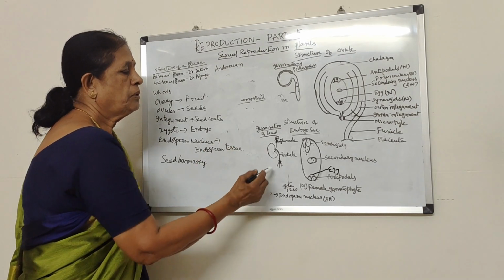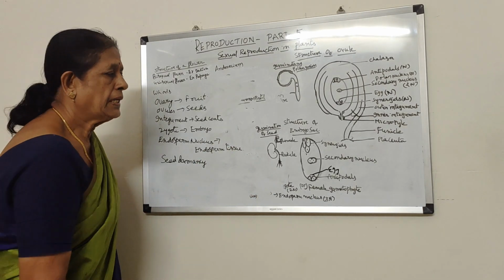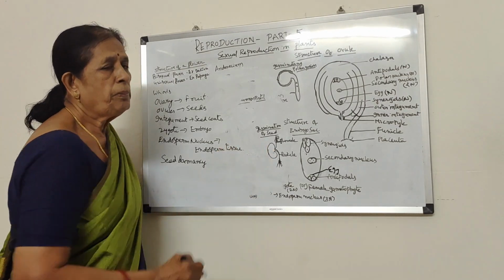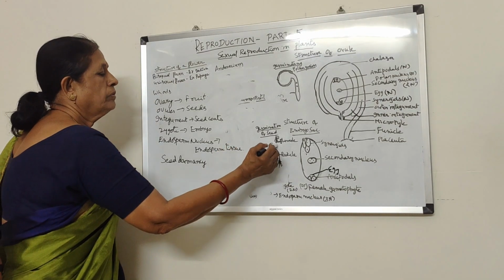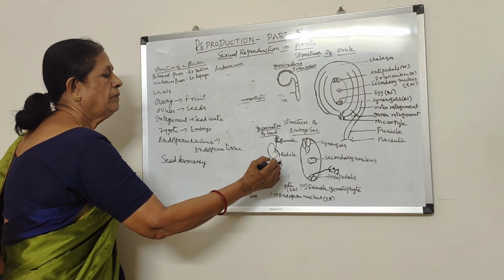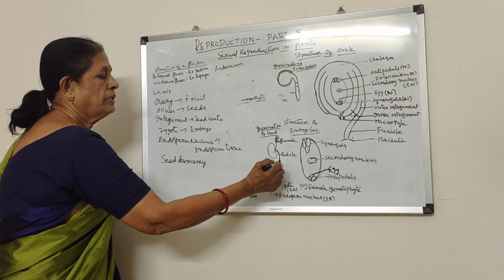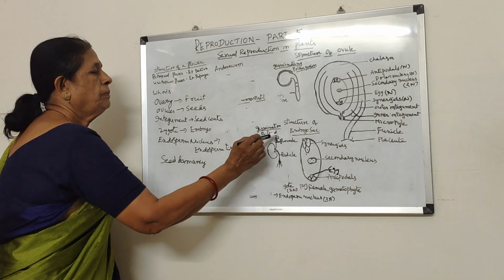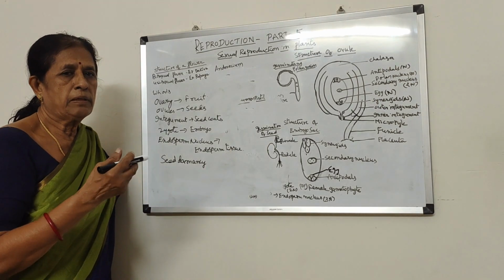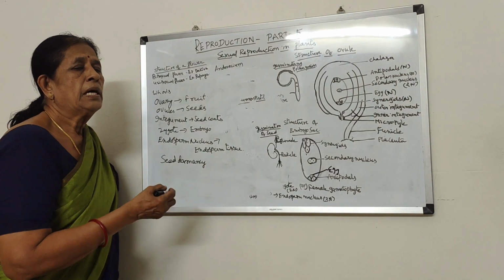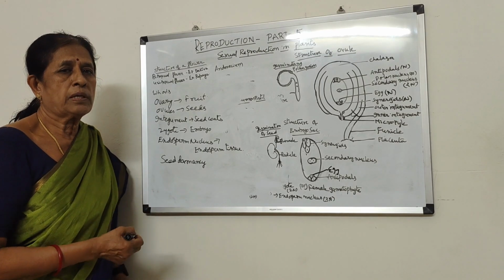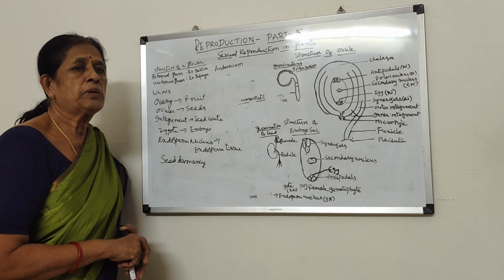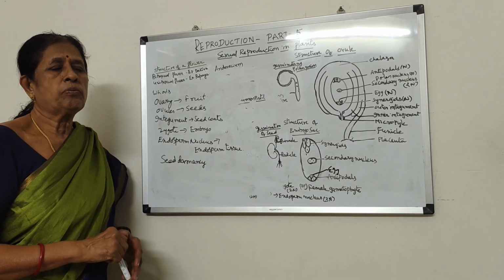The first formed root is called the radicle, and the first formed shoot is called the plumule. The radicle will develop many roots, and the root system is formed, and the plumule will develop different branches, leaves, etc. And now it becomes autotrophic. That means it is able to synthesize its own food by photosynthesis.